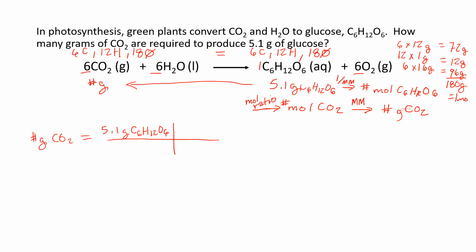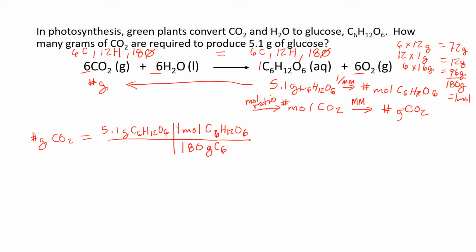1 mole of glucose. All right, so I can take that. I'm trying to get to moles of glucose, so I use this as a conversion factor. 1 mole of glucose is equal to 180 grams of glucose. So I'm going to use that molar mass as a conversion factor to go from grams of glucose to moles of glucose.